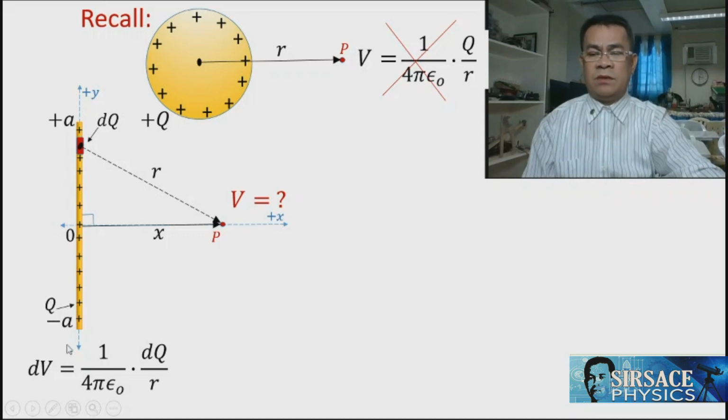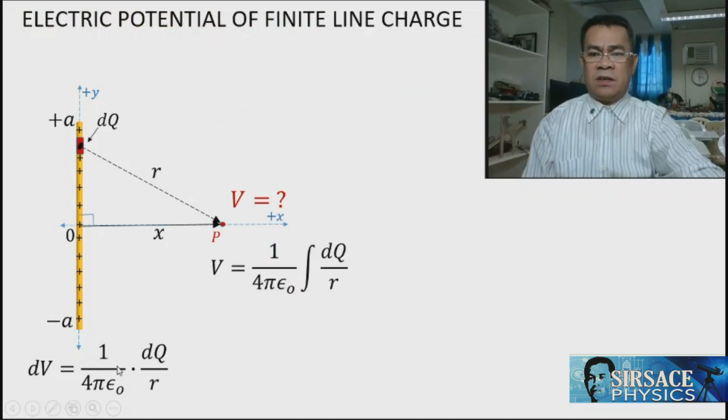for the whole charge Q. So integrating both sides, the result is V, the electric potential at that point, equal to the electric constant times the integral of dq over r. If we can evaluate this integral, the result is the electric potential at that point.